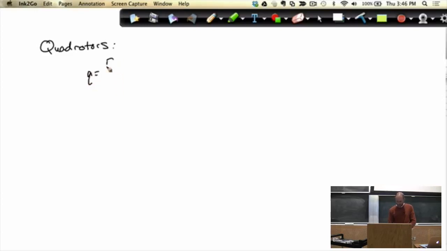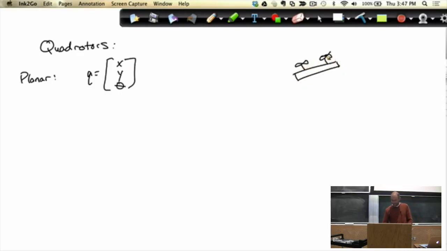For the quadrotor, let's say there's a first version here, which would be the planar quadrotor, where I have just the quadrotor constrained to a plane, where the coordinates are now the x and y positions plus the angle of the quadrotor. Oh crap, I'll just draw a quadrotor. All right, oh, look at that. That's not so bad.